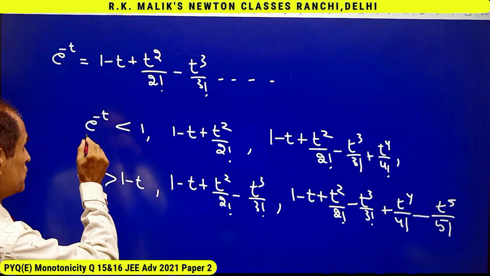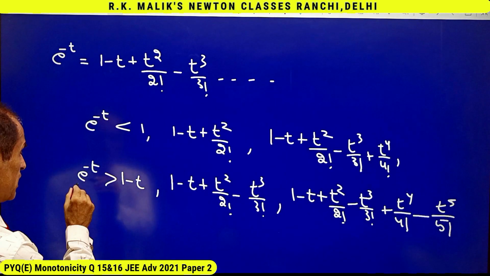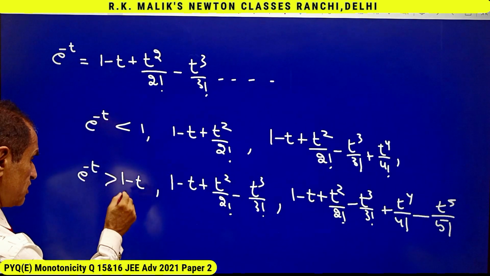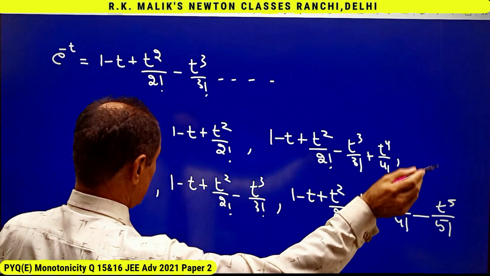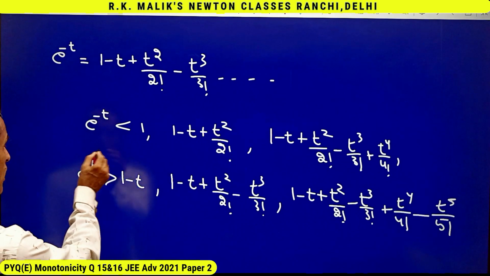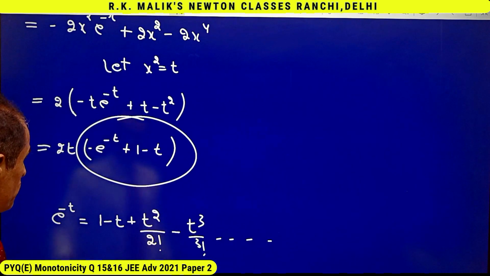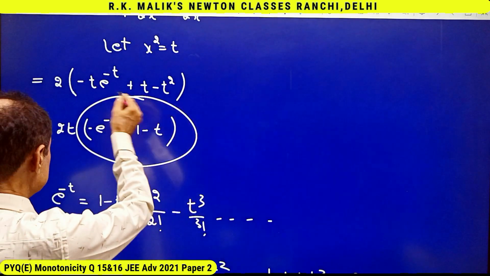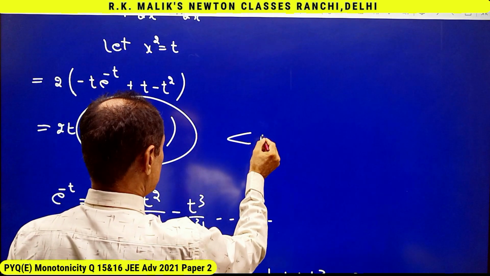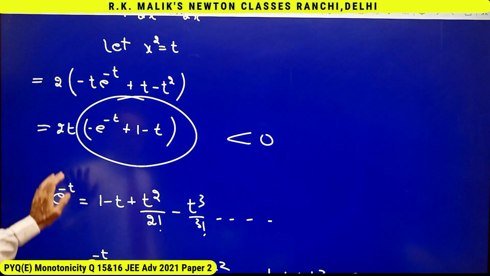Therefore, for all positive values of t, this will be less than all of these, and the value of this will be more than this also, and so on. You have to remember this thing, and from here I can say this is a negative number. Hence, as a whole, it is a negative number, and actually this is true for all positive values of t.